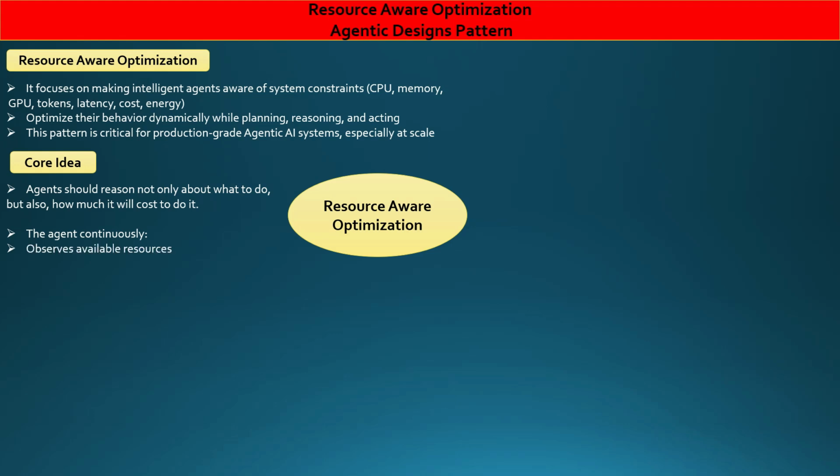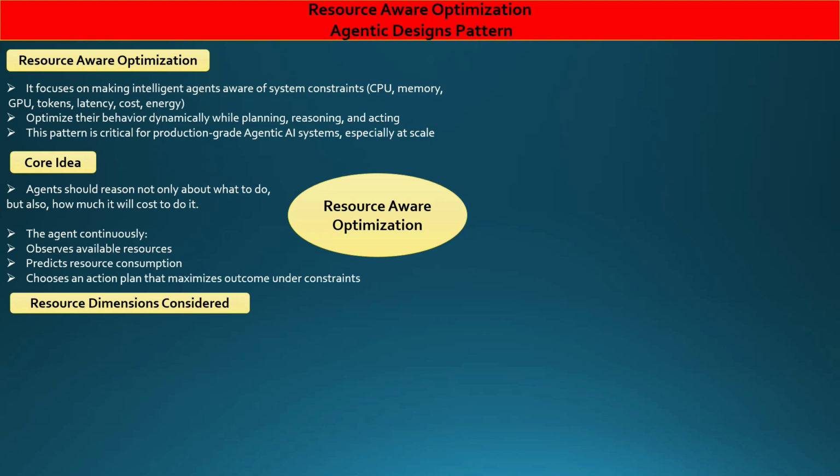So the agent continuously observes available resources, predicts resource consumption, and chooses an action plan that maximizes the output under constraints.